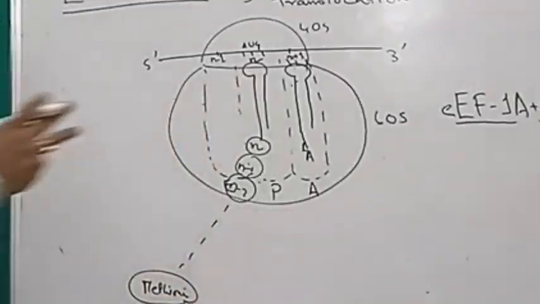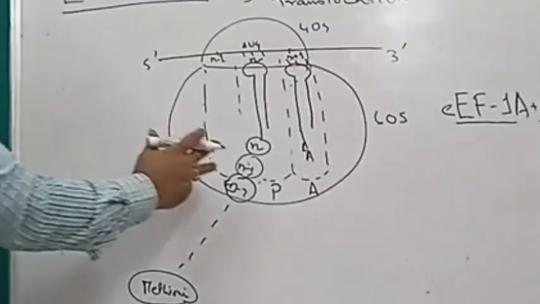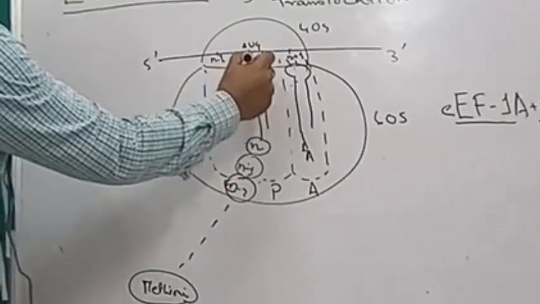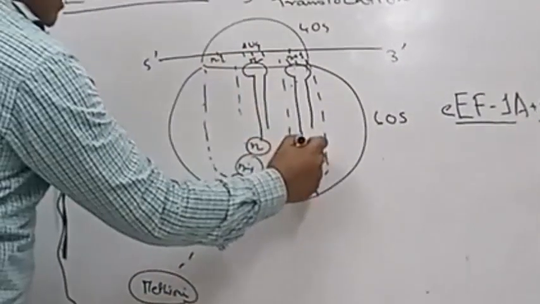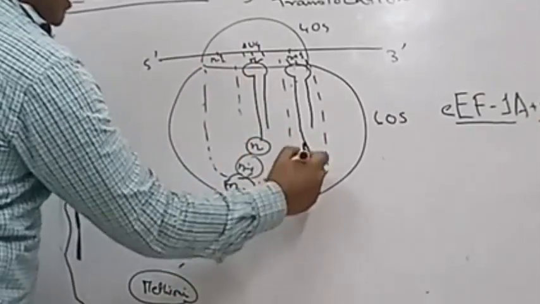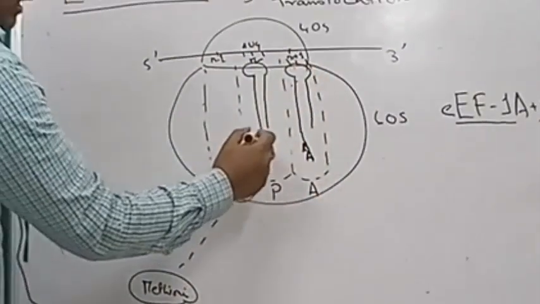The growing polypeptide chain is carried by this tRNA, which takes the position in the P site, and for this incoming amino acid N+1 the same thing occurs.